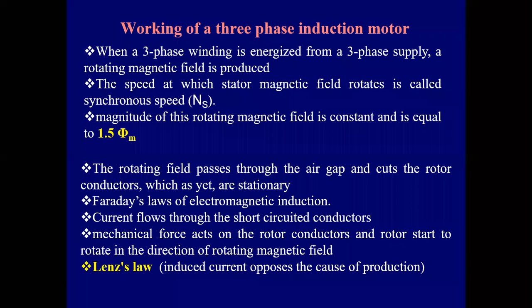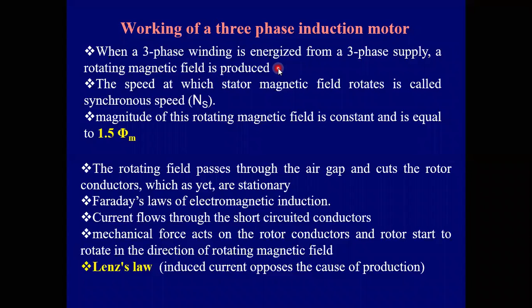Now coming to the working, how the motor starts rotating. Let's see it point by point, which would be helpful, though it takes some time. When a three-phase winding is energized from a three-phase supply, a rotating magnetic field is produced.